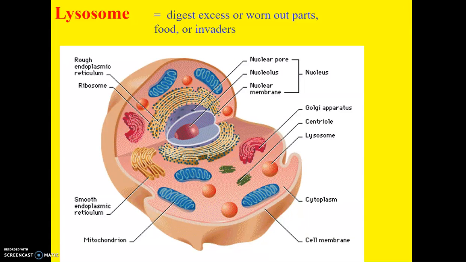Lysosomes. Lysosomes are kind of indirectly related to that energy conversion within cells. I like talking about them when we do this because of their role, but they serve kind of a general role of just breaking down things. But some of the food and some of the molecules that cells absorb actually get broken down a little bit within the lysosome so that they can eventually be broken down further by the mitochondria to produce energy.